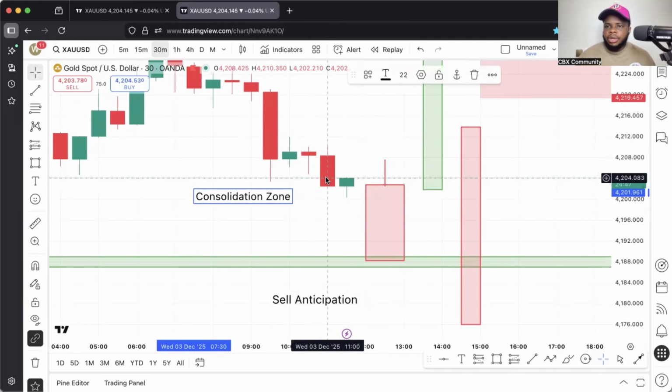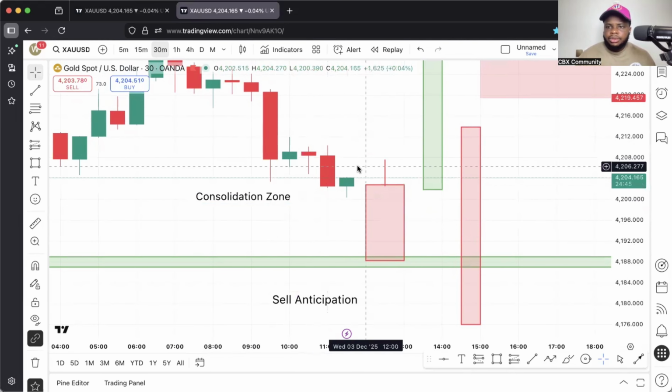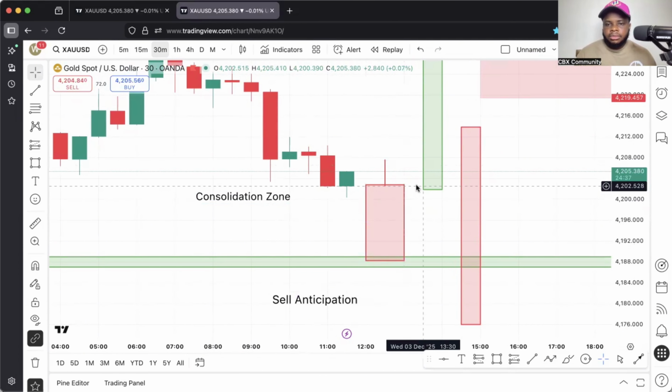So it has broken the low. So let's see what the candle wants to do. Let's just be patient. You don't need to do anything.